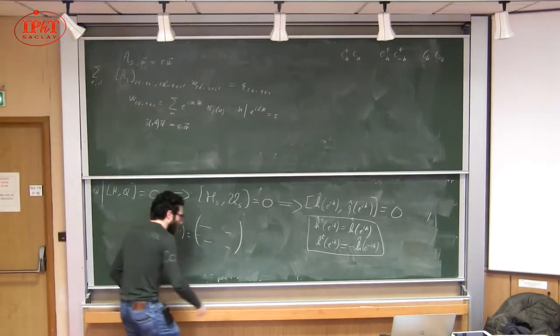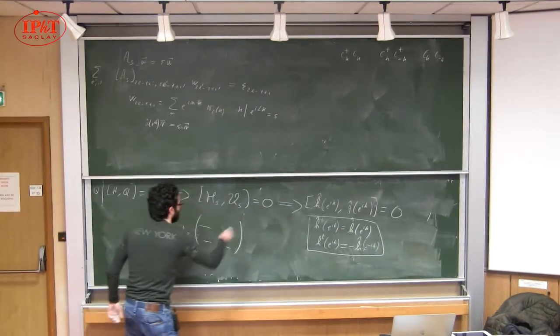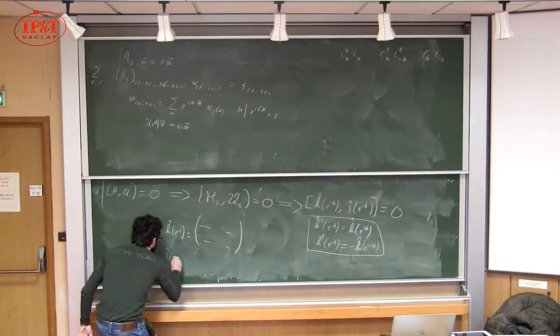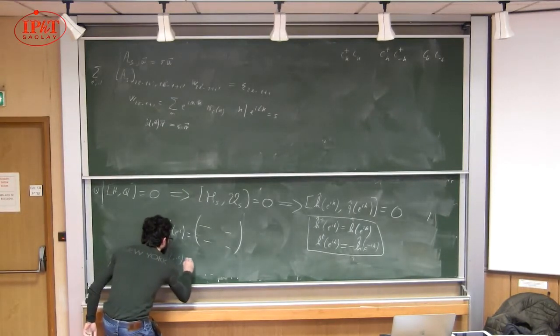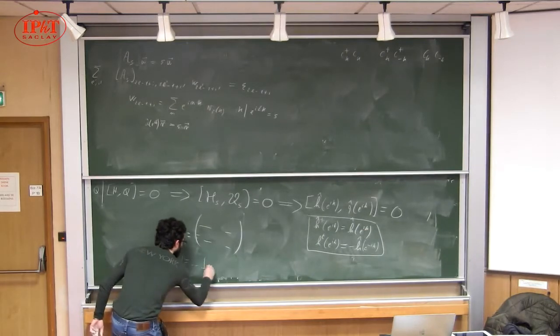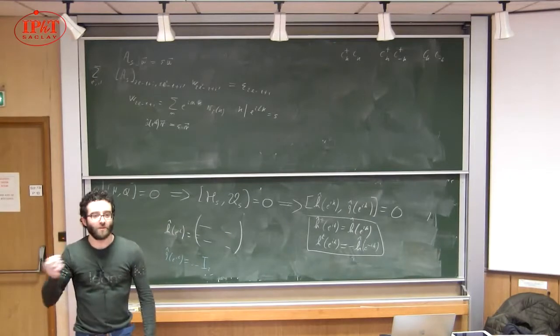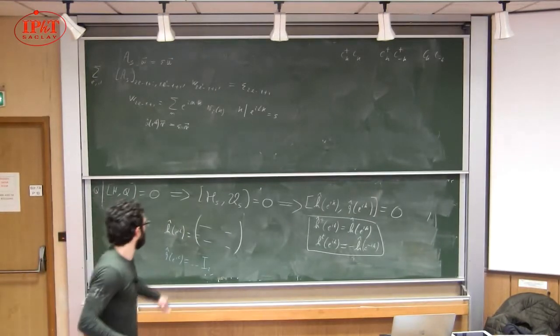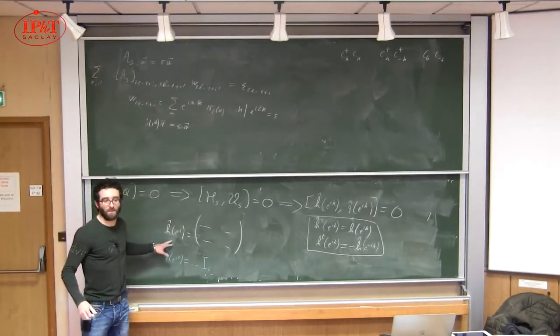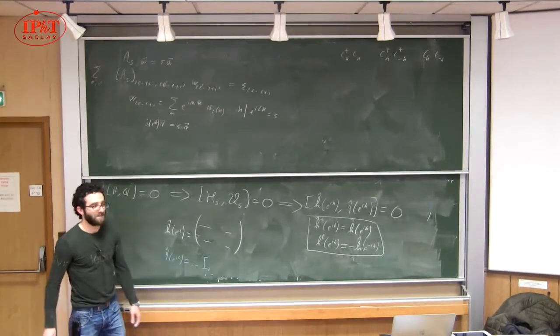So one possibility is that Q could be something proportional to the 2 by 2 identity. Then there is another matrix that always commutes with H, which is H itself.